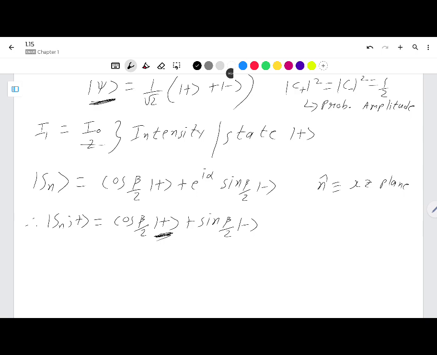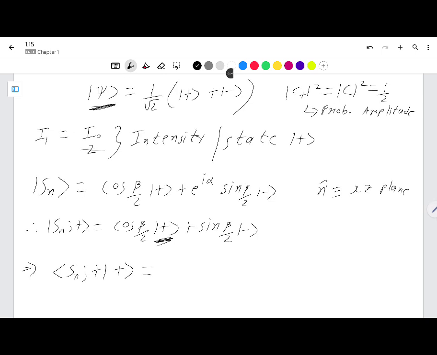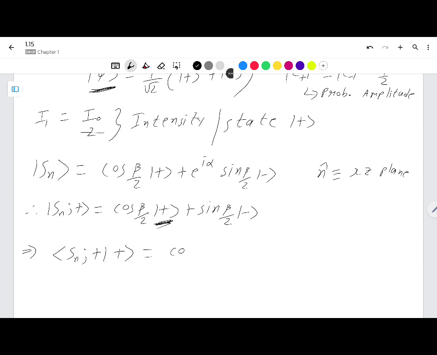So we need to take the overlap of the state this and only this. So what will this give us? This will give us cos theta by 2.